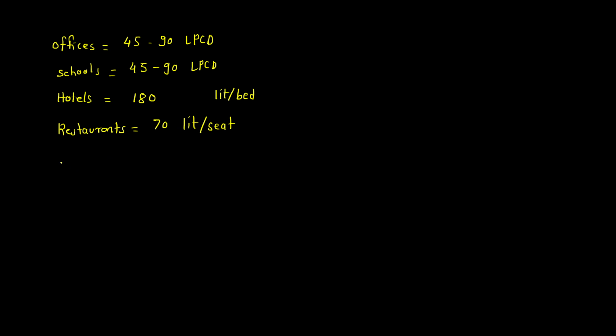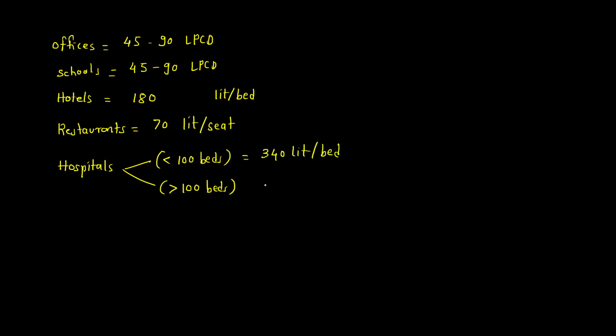Then for hospitals, it is divided into 2 categories: a hospital which is having less than 100 beds and a hospital which is having greater than 100 beds. So if it is less than 100 beds, then it is 340 liters per bed, and if it is greater than 100, then it is 450 liters per bed.